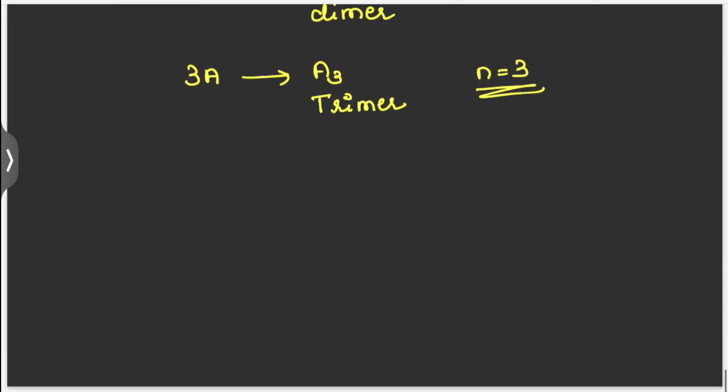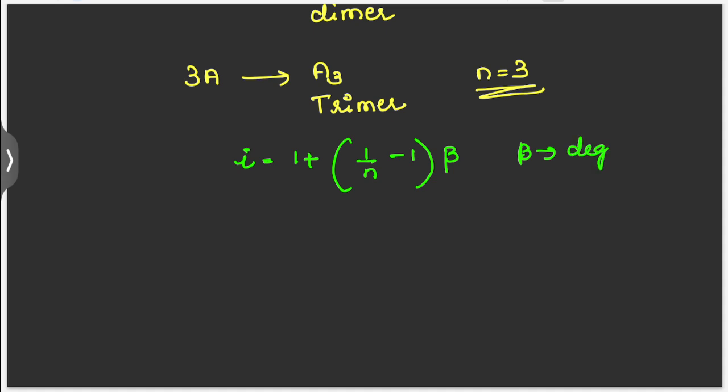The formula we are going to use here is a different formula: I is equal to 1 plus 1 by n minus 1 into beta. What is beta? Beta is nothing but the degree of association.